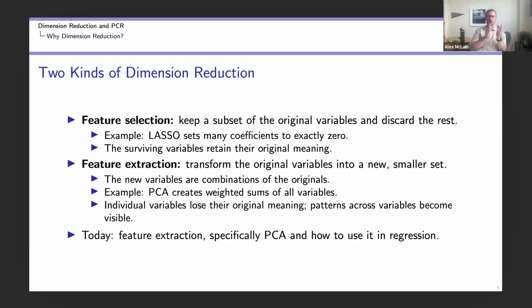So LASSO is a way to fit a regression model when you have more predictors than observations. You wouldn't fit it in the situations that we were in, where you have 8 samples and 20,000 measurements. That's too much. You need more than 8 observations to run a LASSO. But you can do it in other situations.